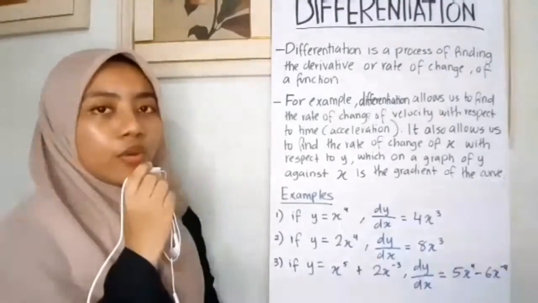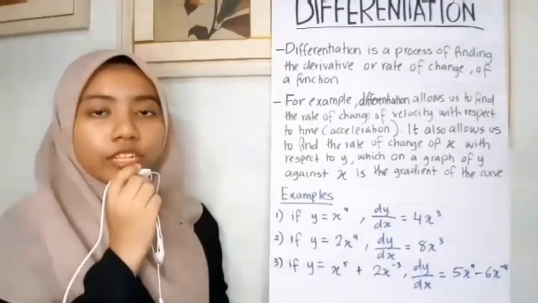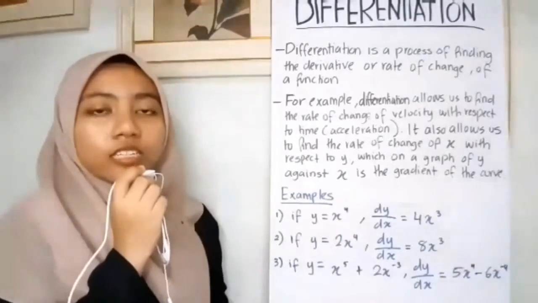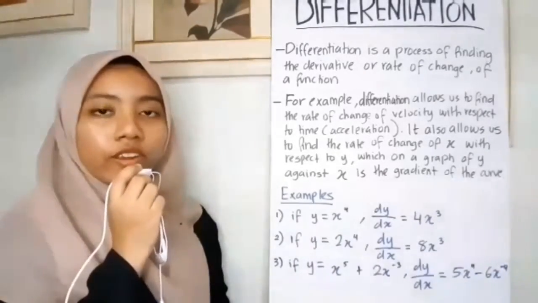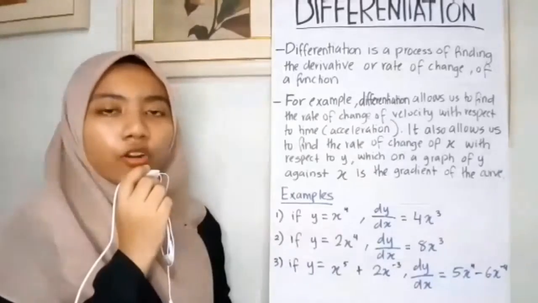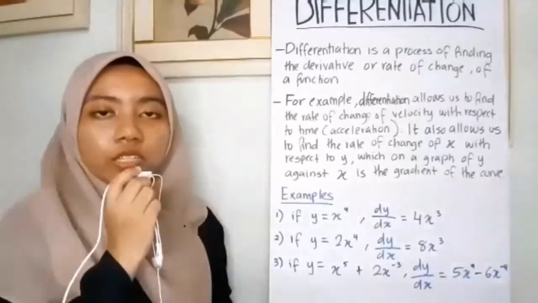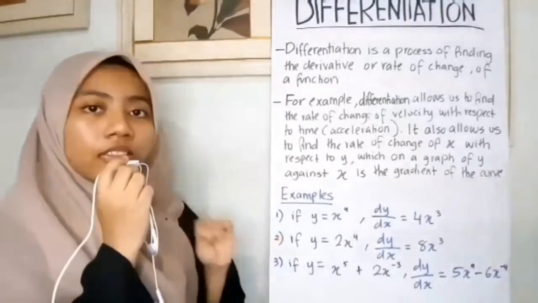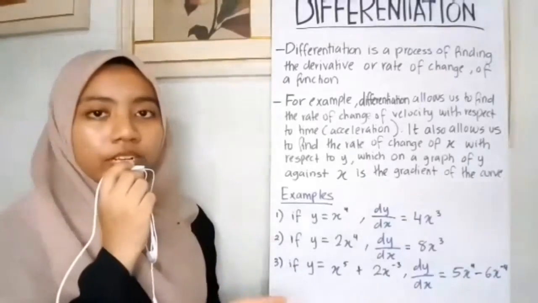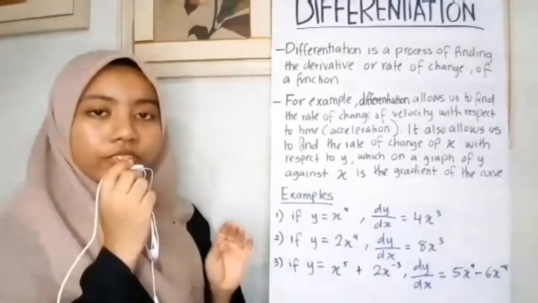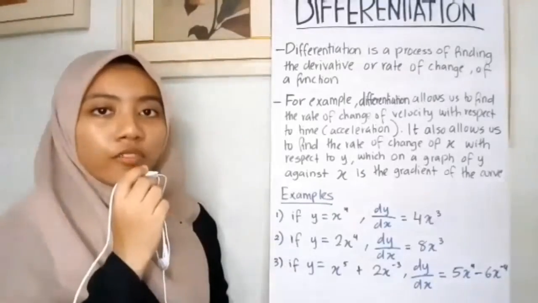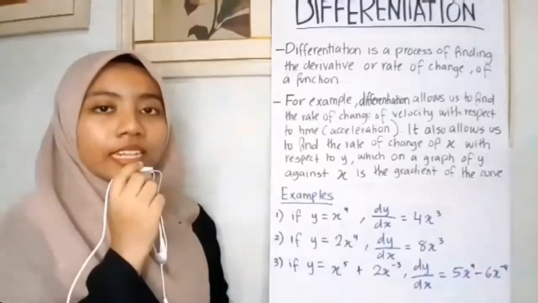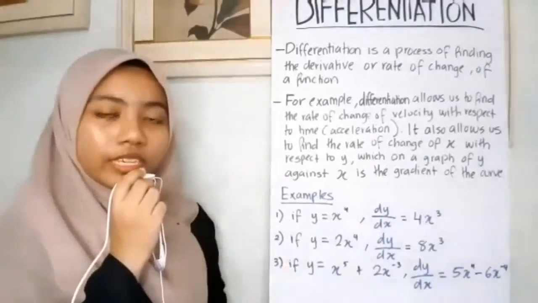Next, we can use differentiation for questions that involve tangent and normal. What is a tangent? A tangent is the line that touches the curve at some point, and the slope of the curve is the same as the tangent. A normal is a line that is perpendicular to the tangent.